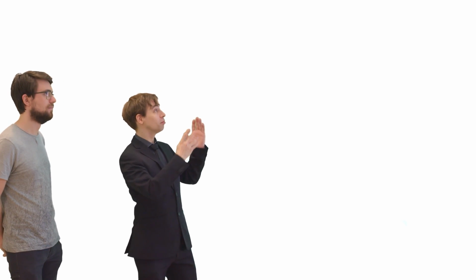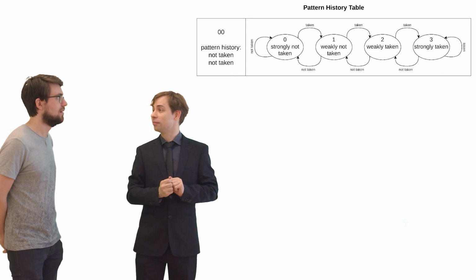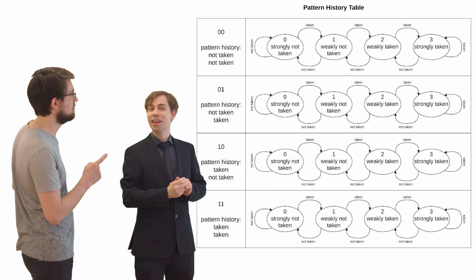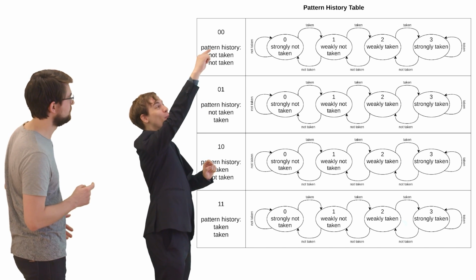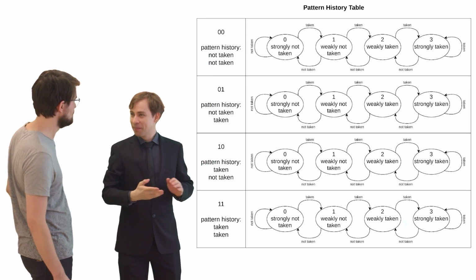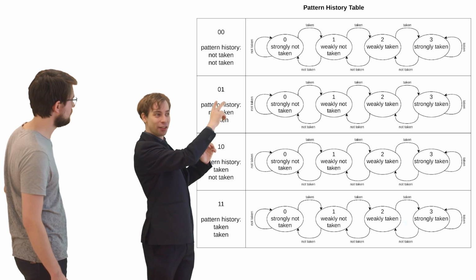The principle of locality again. So we could take, for instance, the outcome of the last 2 branches, like this. But then I need 4 counters, right? Exactly. Now you need 4 of these counters, and then you can take the history into account.